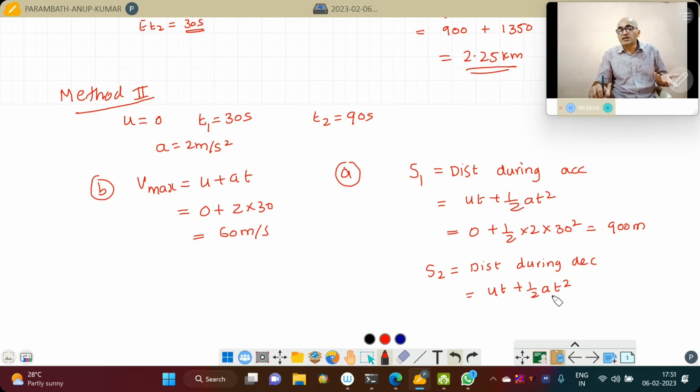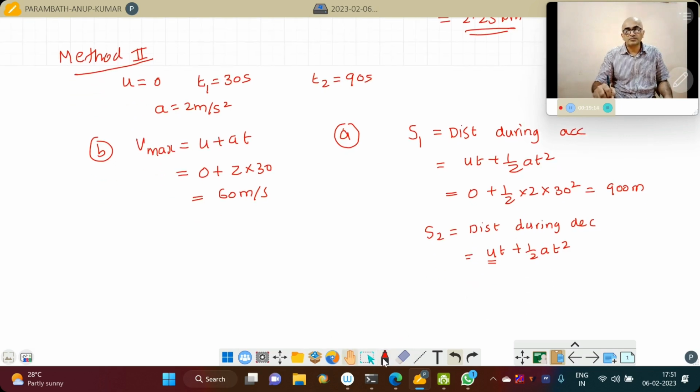We don't have the deceleration, we have only the initial velocity. But we know the time in which the deceleration was done. So we will apply it in this way.